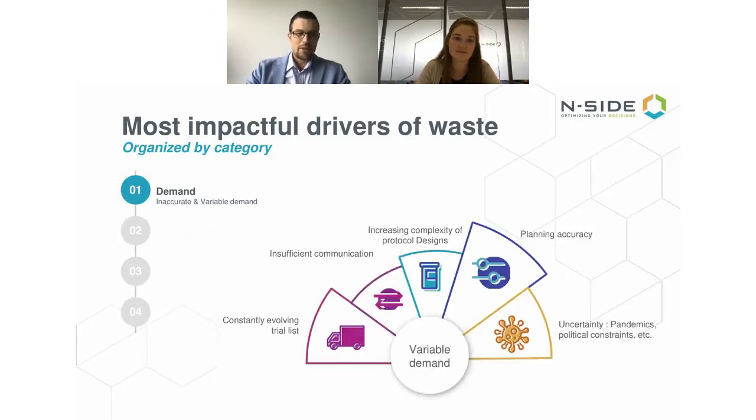Demand planning for clinical supplies has always been, and probably always will be, a complex thing to do. First, the list of trials is constantly evolving. It's very hard to get a clear picture of what the pipeline looks like in terms of trials and to get accurate information.